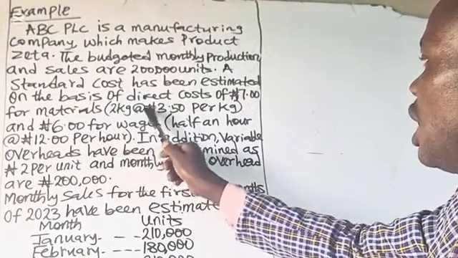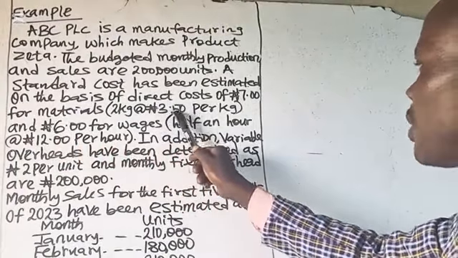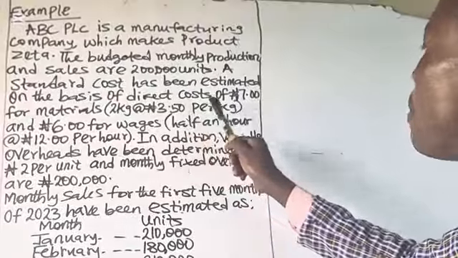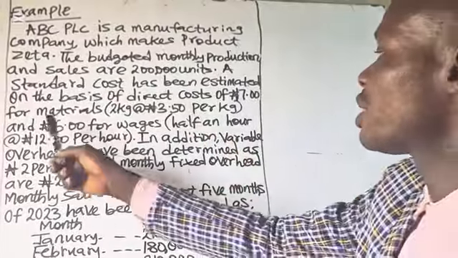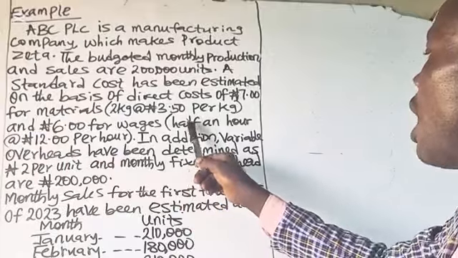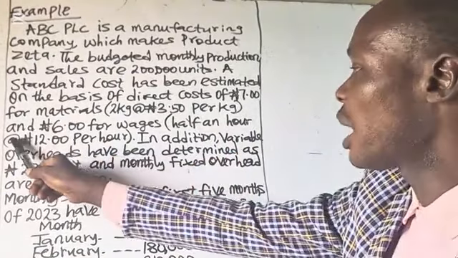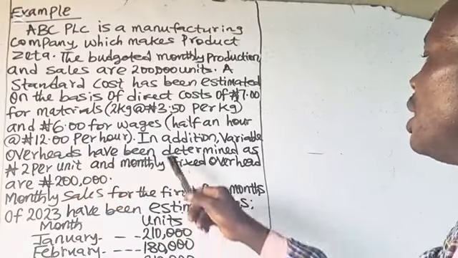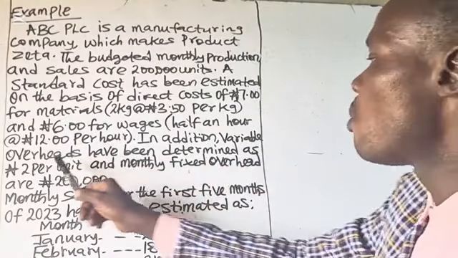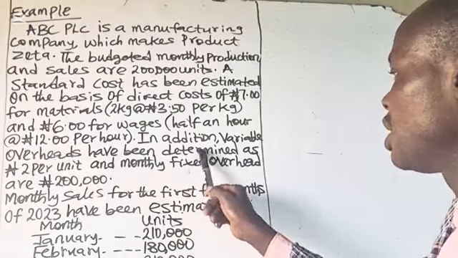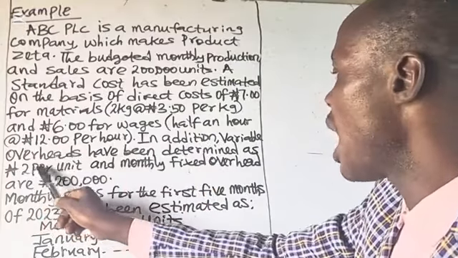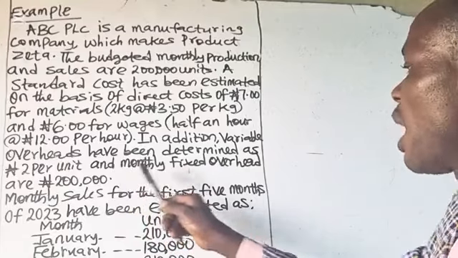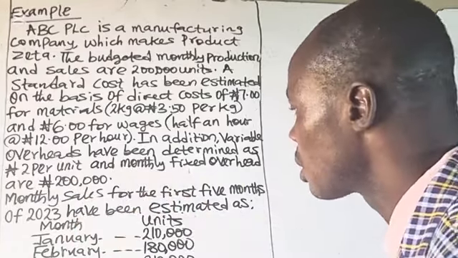That is 2 kg at 3 naira 50 kobo per kg, and 6 naira for wages, half an hour at 12 naira per hour. In addition, variable overheads have been determined as 2 naira per unit and monthly fixed overheads at 200,000 naira.